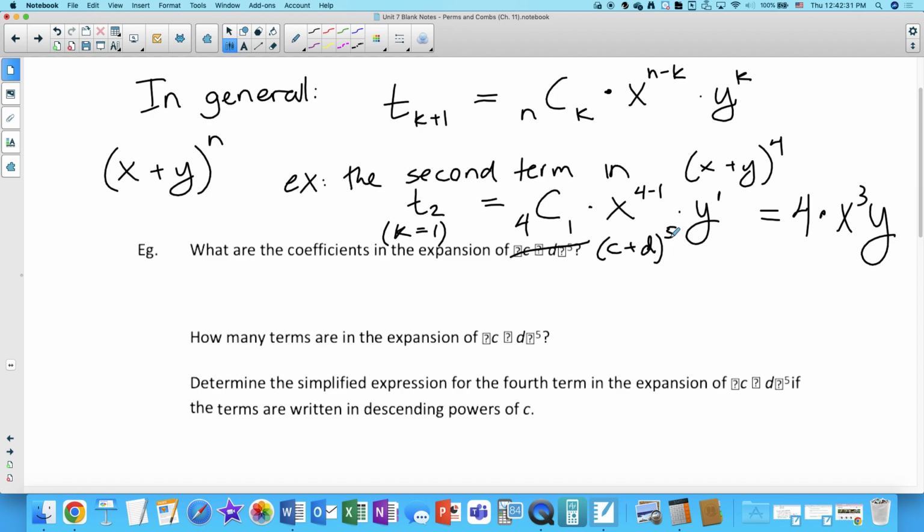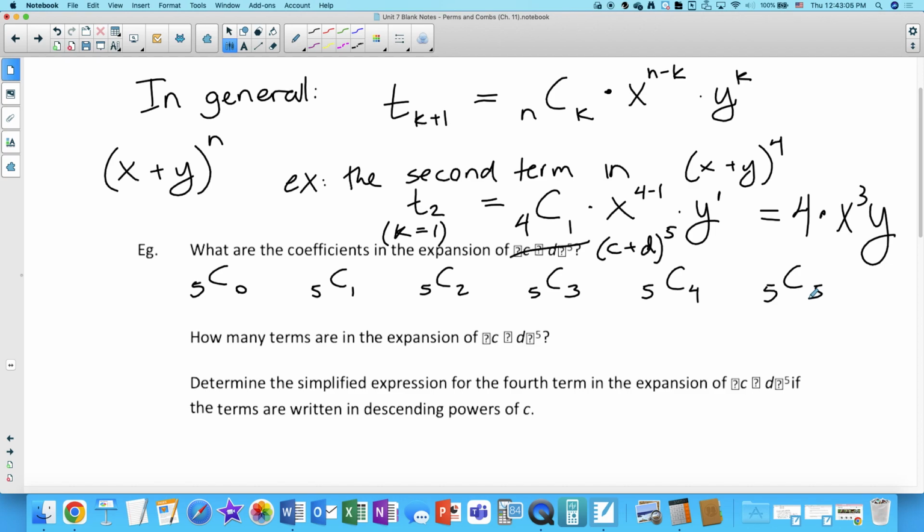Okay, so here n is equal to 5. So if we wanted to know the coefficients in the expansion of this, the first one would be 5 choose 0, and then 5 choose 1, and then 5 choose 2, 5 choose 3, 5 choose 4, and 5 choose 5. Those would be the coefficients in that expansion, right?